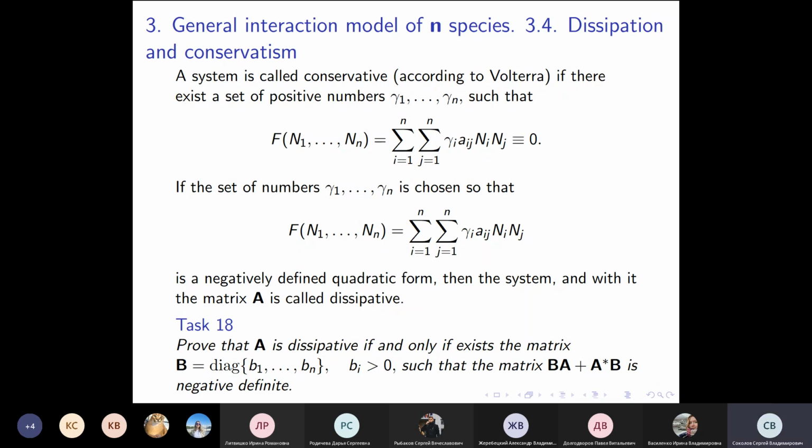And I'm not sure that our solar system is dissipative or conservative, first of all because it is not derived by our Volterra equations. I agree.